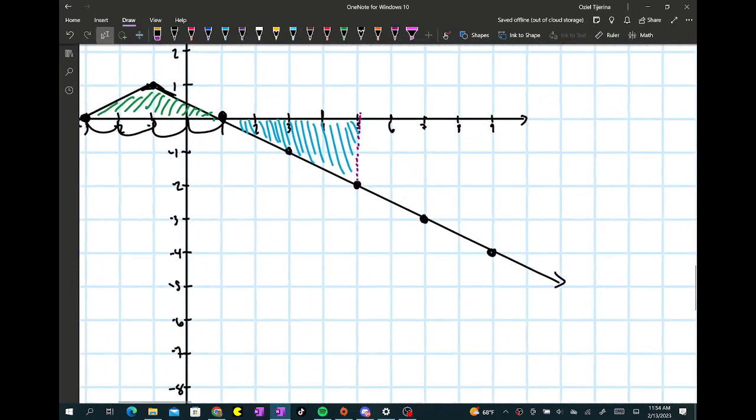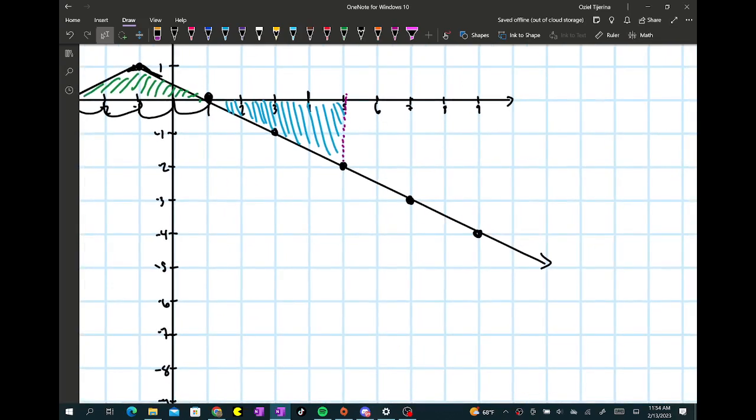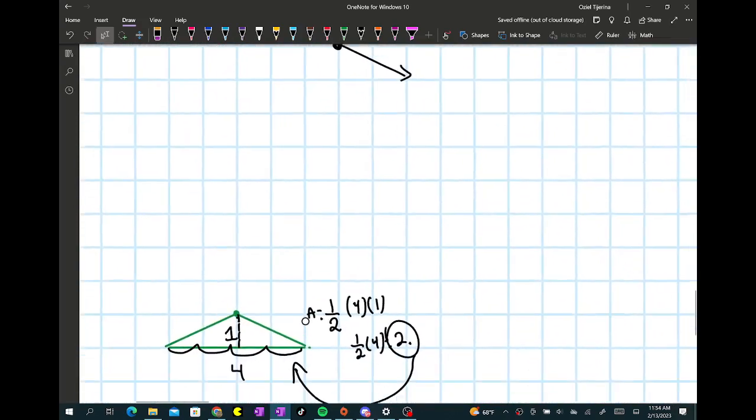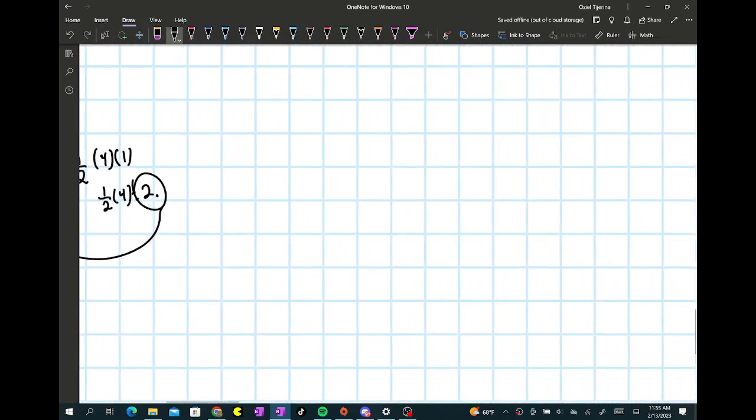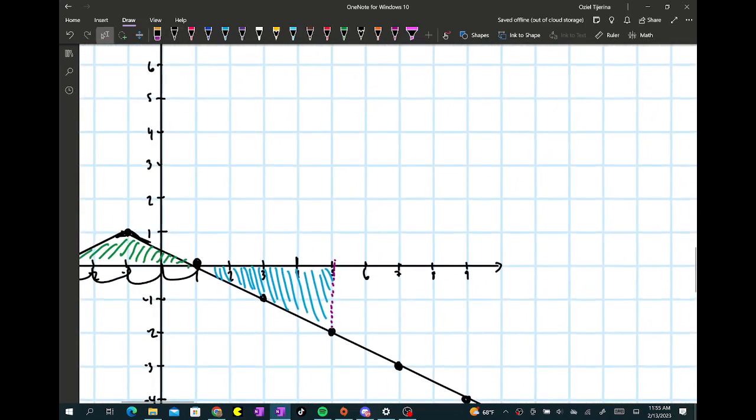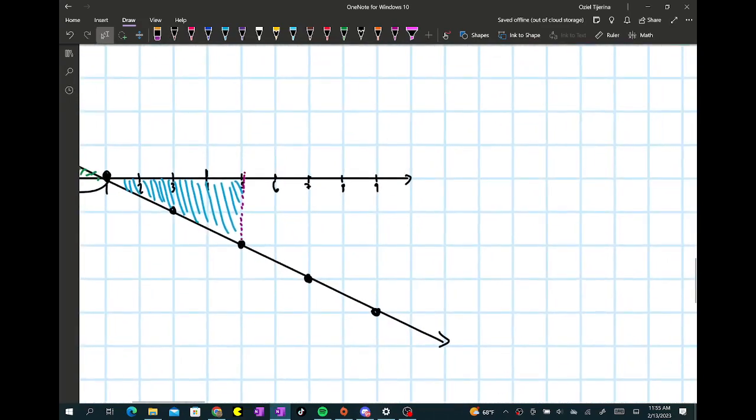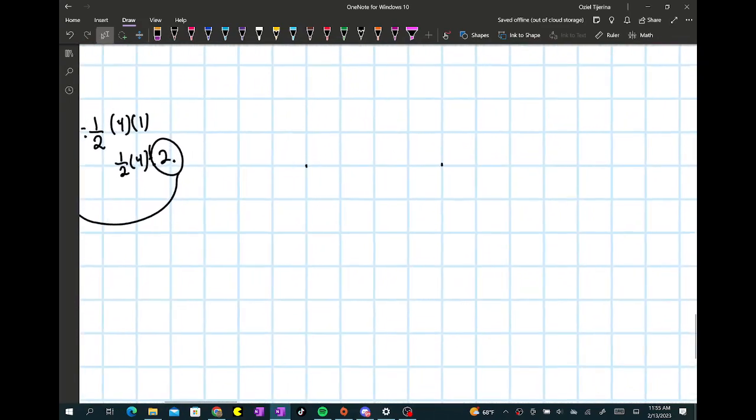And then finally we're going to look at the turquoise one. It goes from 1 to 5, so 1, 2, 3, 4, and it's only down 2.